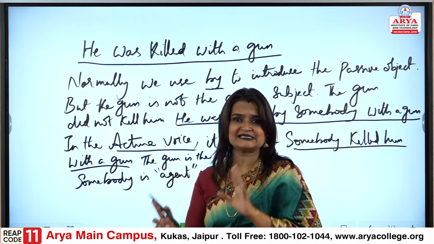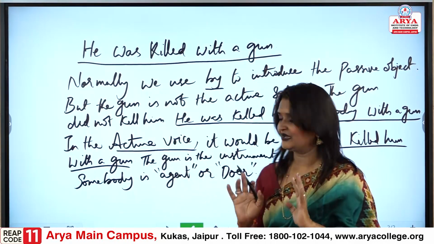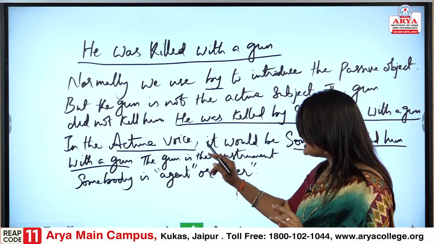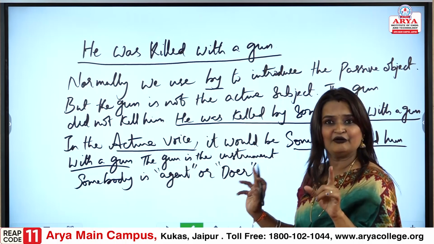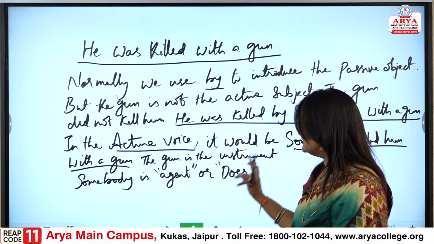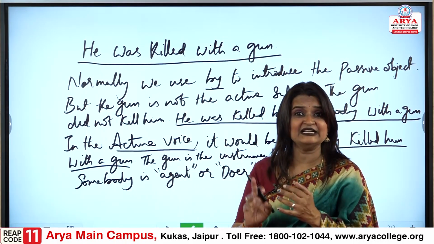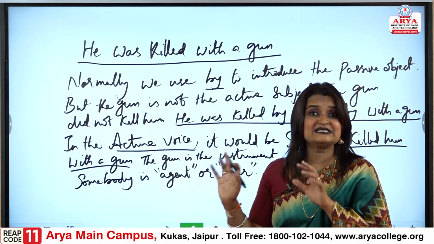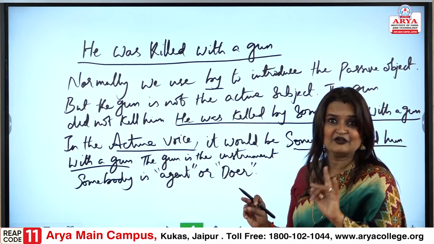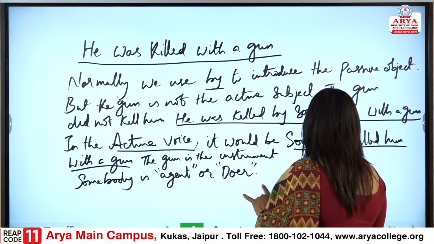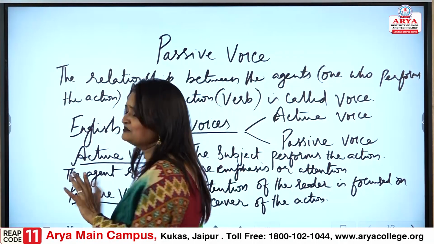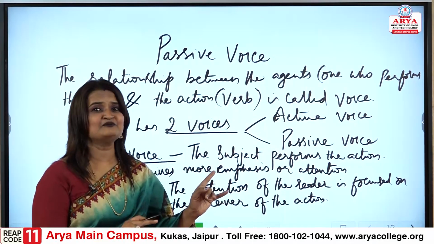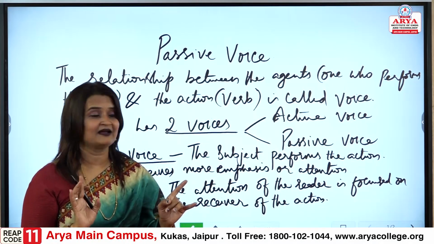Somebody is the agent, the main person, the doer who has done the action. So the first point, the subject performs the action: who was the subject? Somebody was the subject.